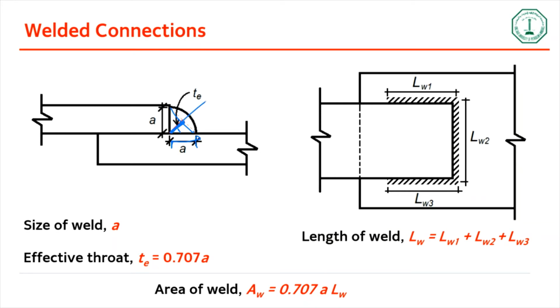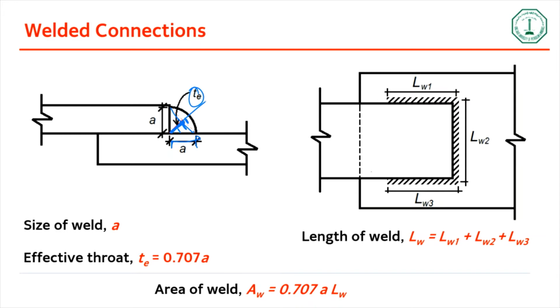You get something called the effective throat, which is the part of the cross section which is effective. It is conservative. In real life, probably even a part of this might be active, but in design, you just make sure that your section does not fail.